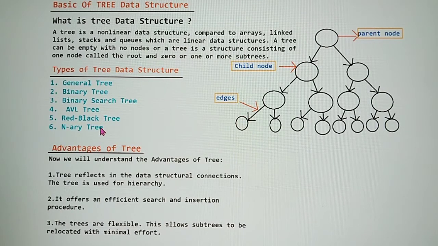The most important are the general tree, binary search tree, and AVL tree. The others are also part of the tree data structure, but these are the most useful.